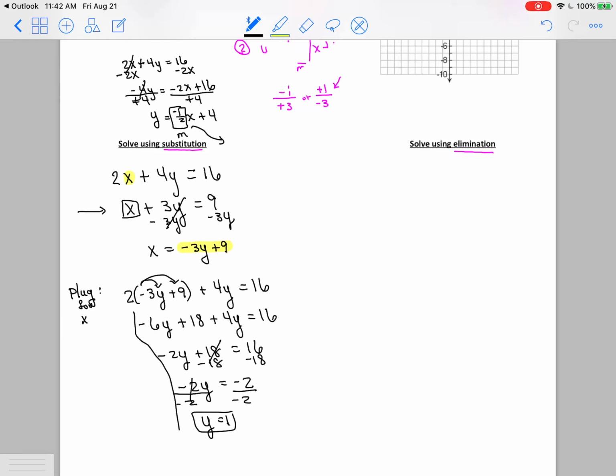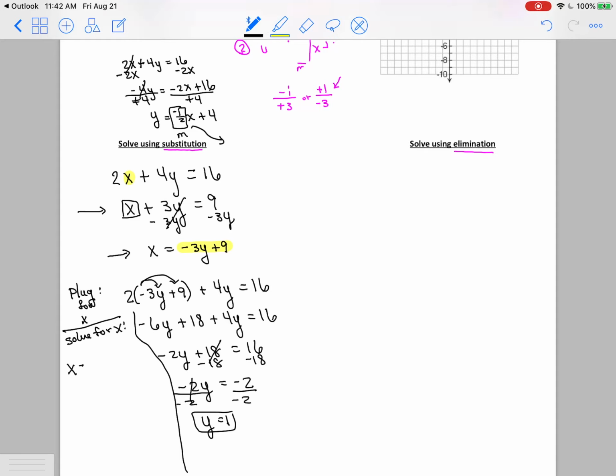I'm going to make myself a little bit of room right here to now solve for x. So I'm going to bring this equation down. It's already written in terms of x.